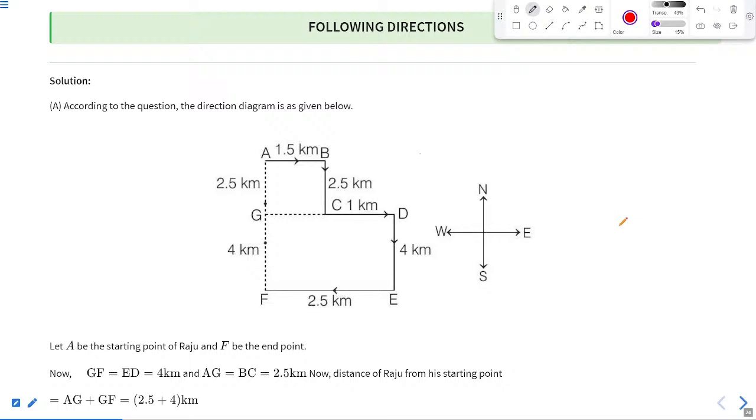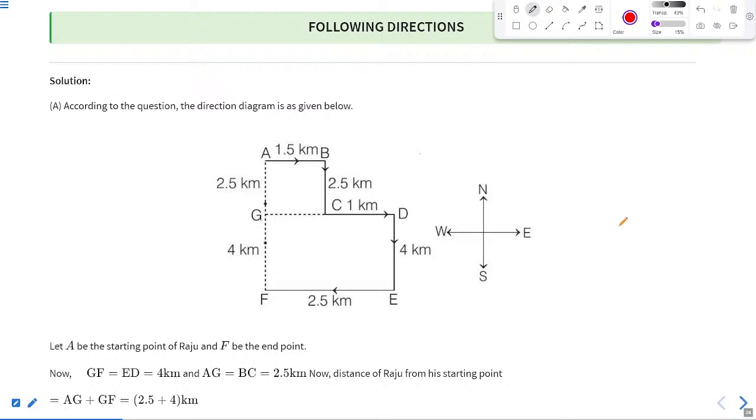According to the question, the diagram is as given below. 1.5 kilometers east, 2.5 kilometers south, 1 kilometer east, 4 kilometers south. Then 2.5 kilometers west. Let A be the starting point of Raju and F be the end point.